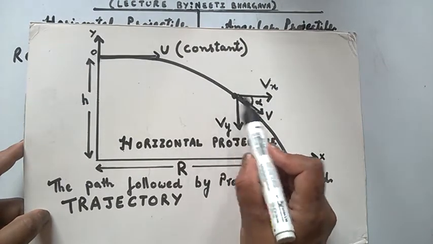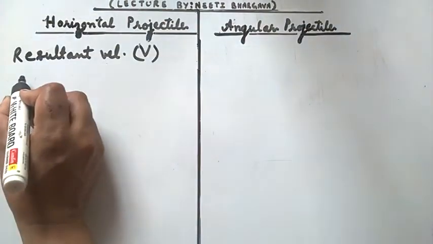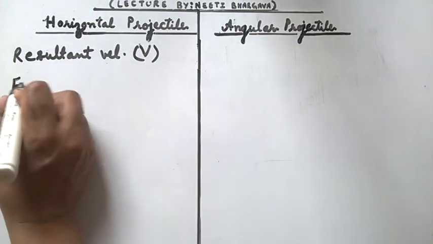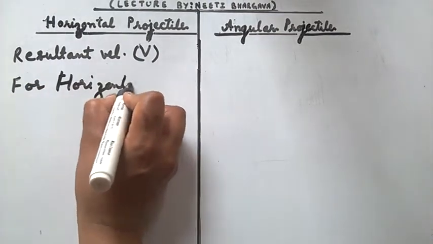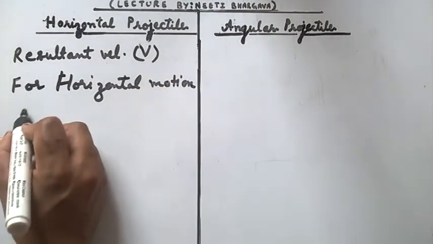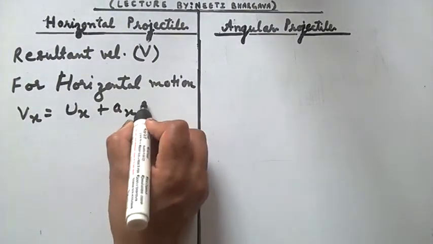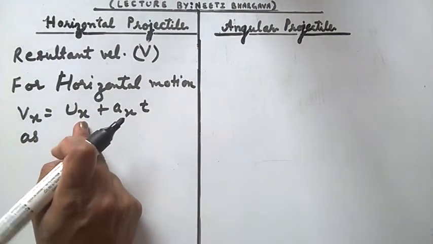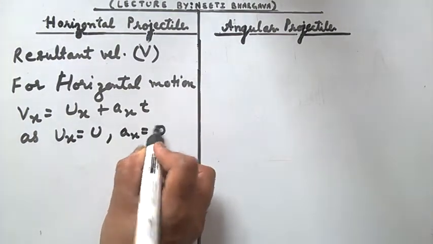So here, by equation of motion for horizontal motion, Vx is equivalent to Ux plus acceleration along x into t, as Ux along x direction is constant, which is u, therefore Ax is 0, and thus Vx is equivalent to u.